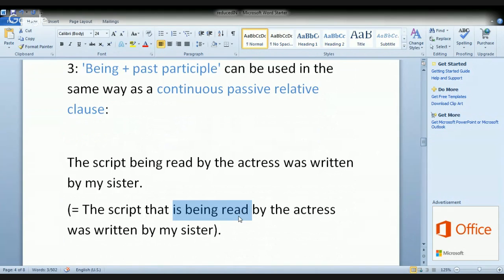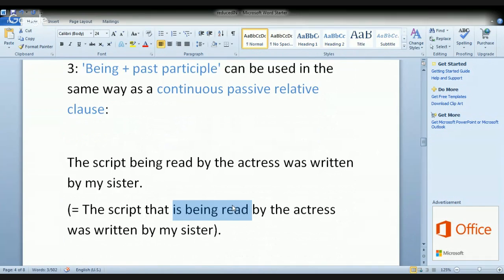And you can always tell which verb tense the verb to be is in, and that's your tense, basically. Okay, so is being read is something that's happening in the moment. It's a present continuous. And then by the actress, okay, we actually have 2 different passives in this sentence.